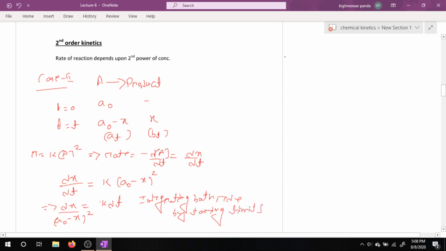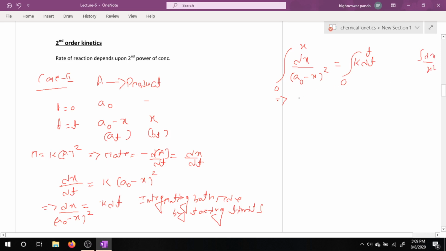So I can write here integration of dx by a naught minus x whole square, it will be equal to k integration of dt, with limits 0 to t. By solving the integration, dx by a naught minus x whole square: x to the power 2 goes above, that is x to the power minus 2, integration of x to the power minus 2 dx is x to the power minus 2 plus 1 divided by minus 2 plus 1.